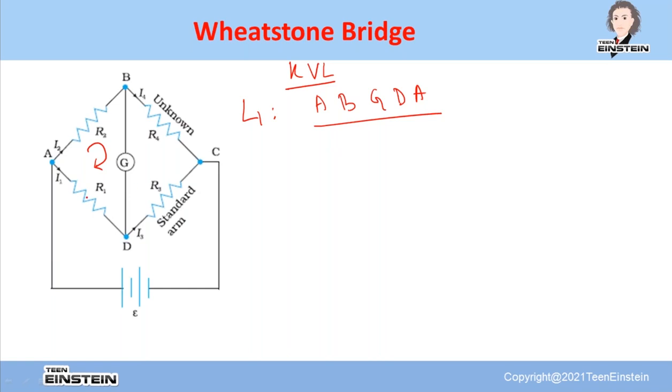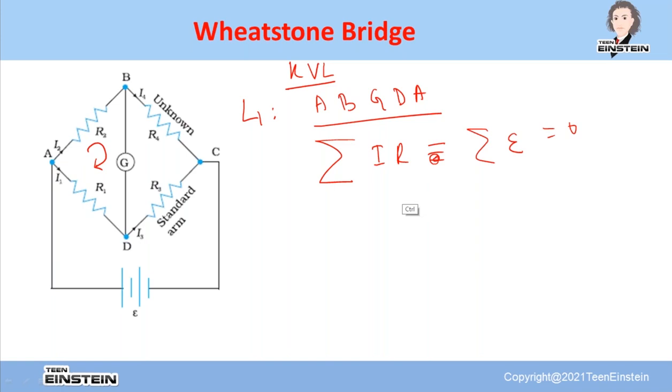KVL in this loop, or the loop rule: what I can write is the voltage drop across the resistors, and we have to see whether there is a battery or cell. Summation over IR is equal to summation over the battery EMF. This is KVL.